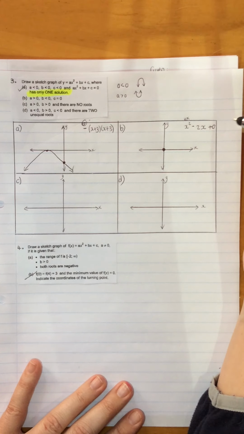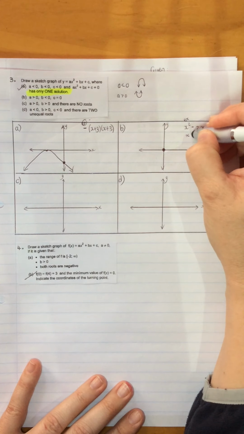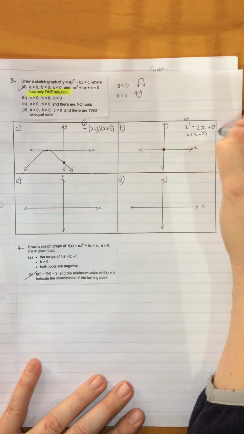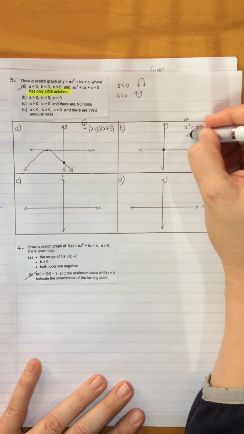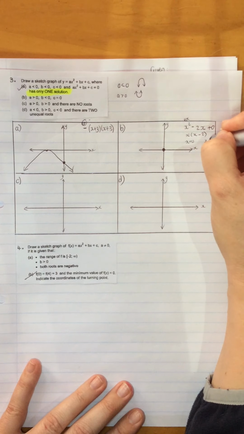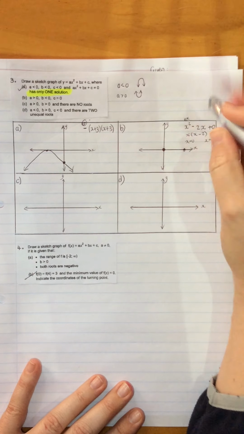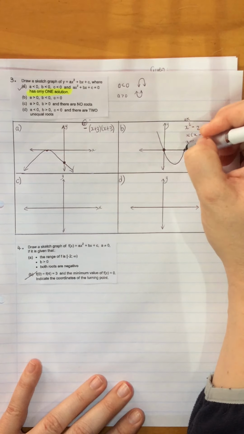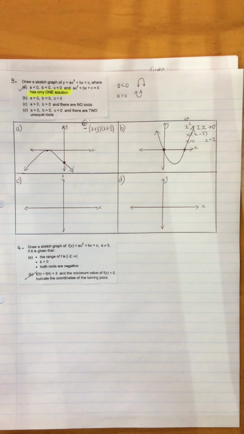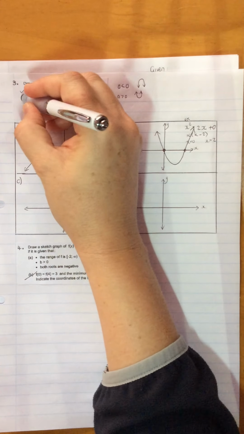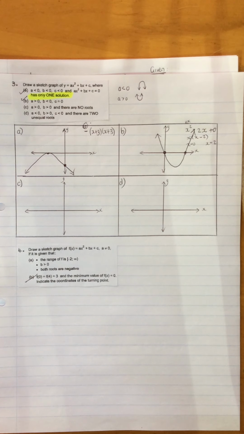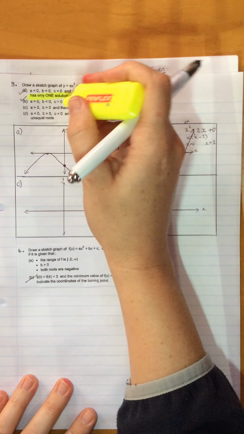If I punch this in on my calculator or do factorization, I will have x equal to 0 or x equal to 2. And by choosing values, I am just helping myself to get an idea of what graph they want me to draw. So that's B.